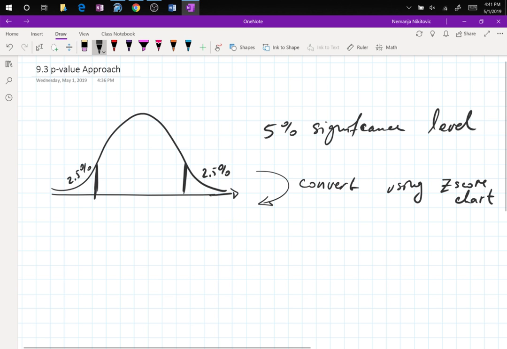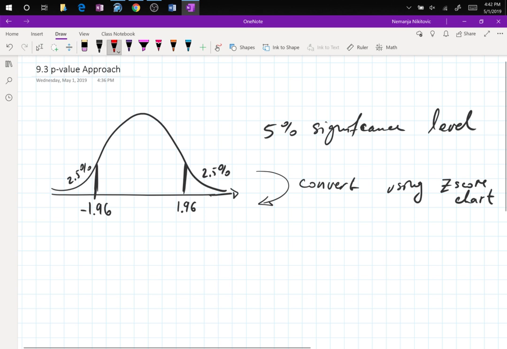In the z-score chart, 0.025 is exactly negative 1.96, which means the other side would be symmetric, 1.96. You usually memorize these numbers because you have so many problems with a 5% significance level when it's a two-tail test.